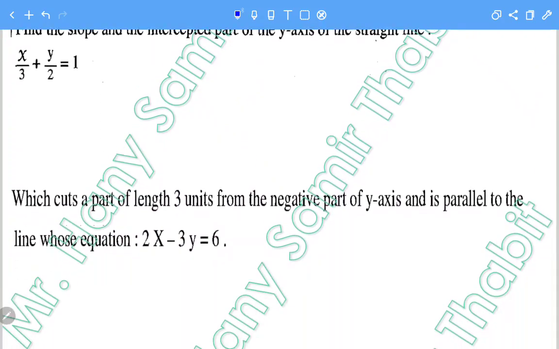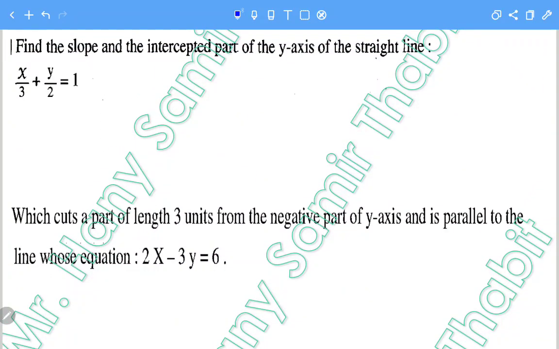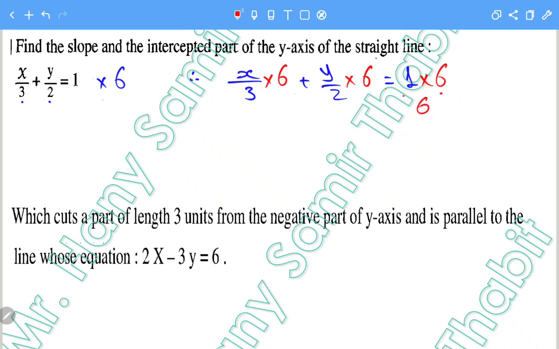The second one we're going to solve another way. Here we have 3 and 2, so we can multiply the equation by 6. Then x over 3 plus y over 2 equals 1. Multiply all the parts by 6: 1 times 6 equals 6. Here I have 3y and here I have 2x.